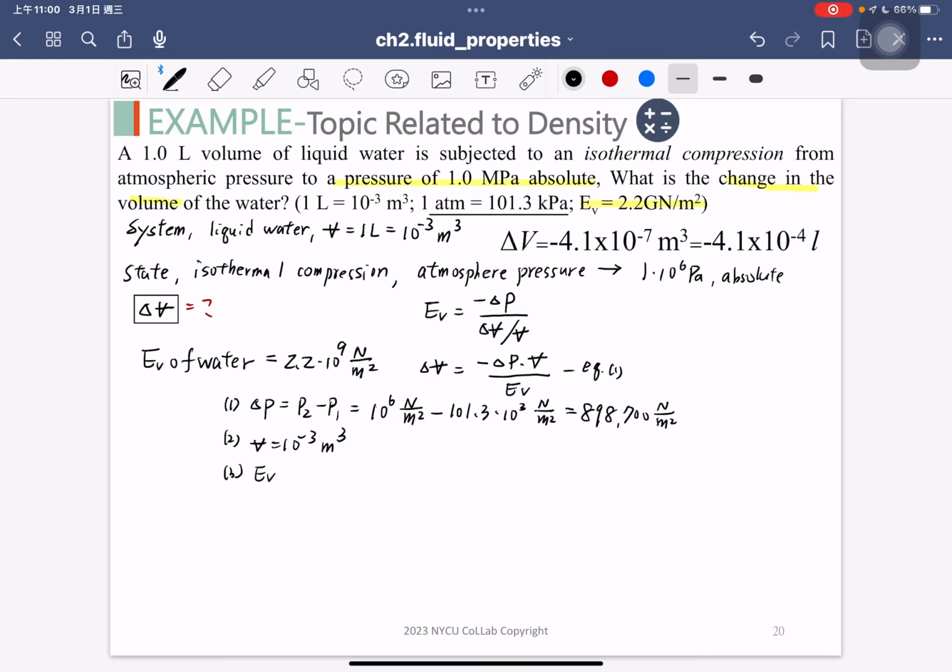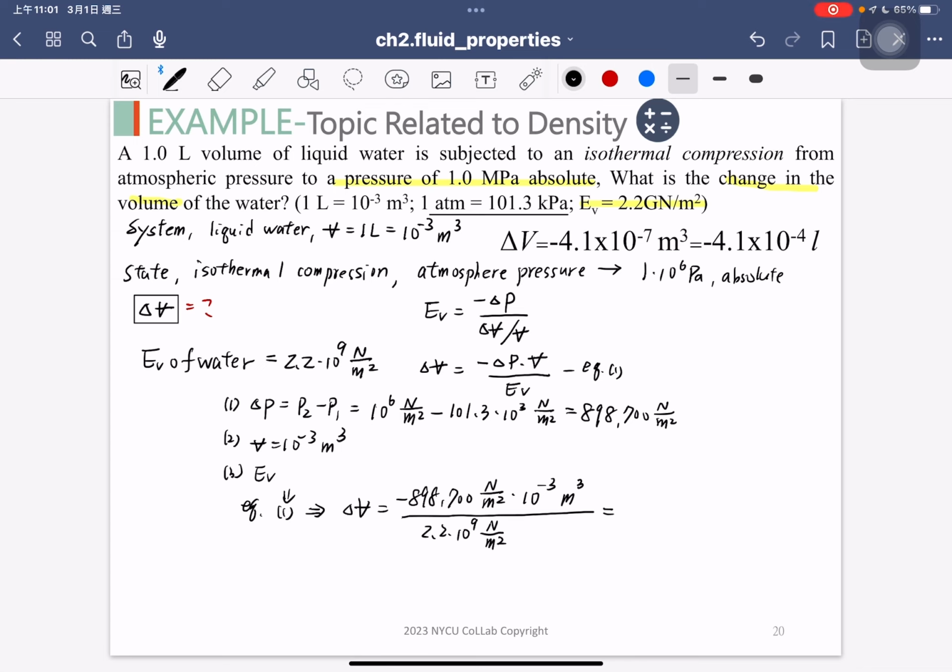Equation 1 is rewritten as delta V equals minus delta P, where delta P is 898,700 newtons per square meter, times the initial volume of 10 to the minus 3 cubic meters, divided by the bulk modulus, 2.2 times 10 to the 9 newtons per meter square.